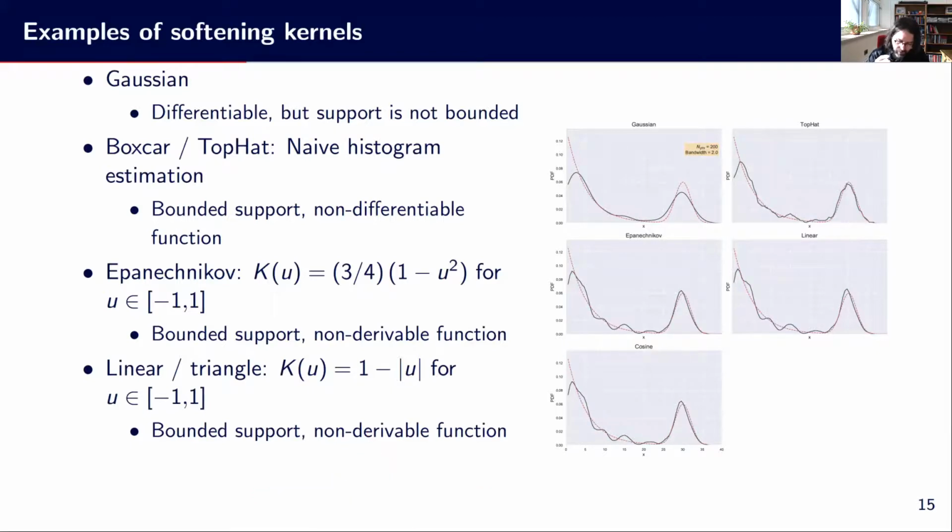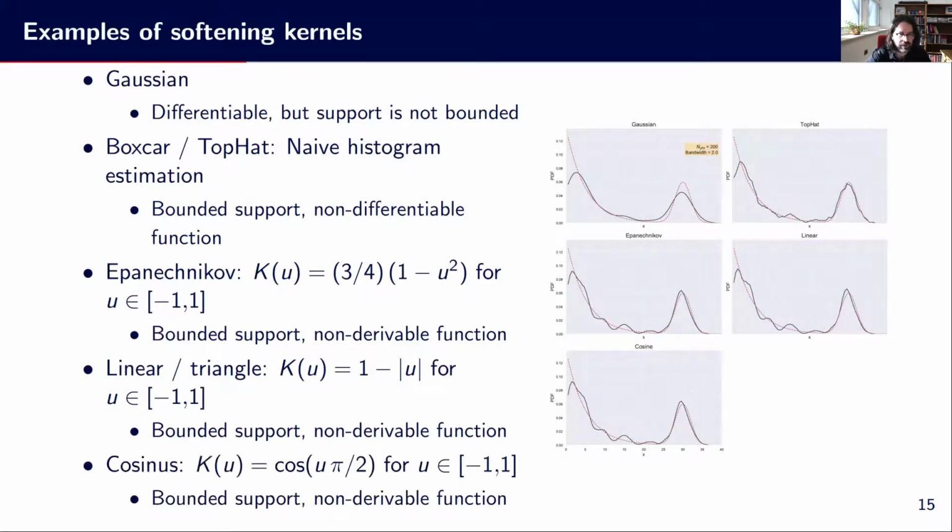So here again, the support is bounded, but the function is not differentiable. But it is smoother than the boxcar, the square, the naive histogram estimation. It's going up and going down around the origin. We also have the cosine one, which has a bounded support, but is not a differentiable function. So these are different kernels that can be used.